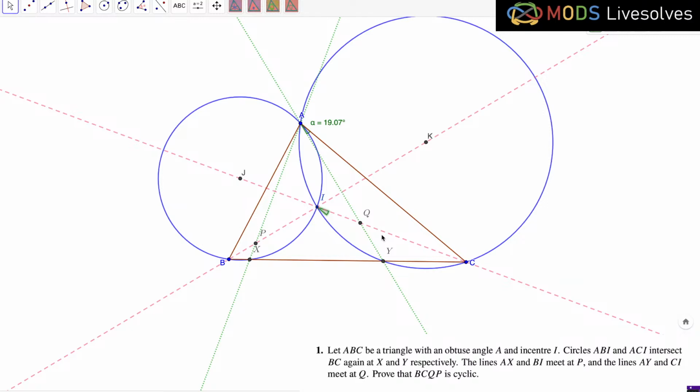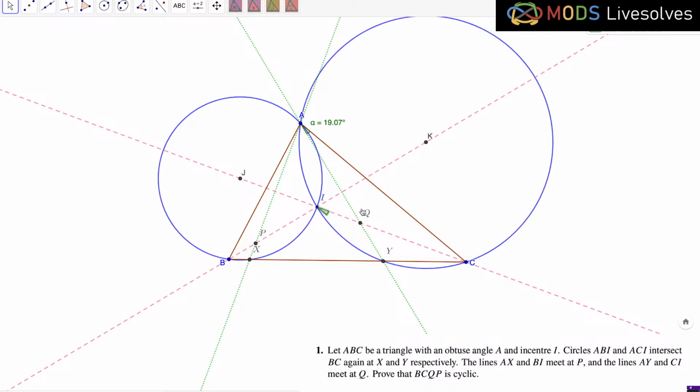Oh, right, the right angle stuff. So now I need to prove that PQA is equal to that. What do you want PQA to be? I'm trying to prove it's 90 degrees minus C over 2.